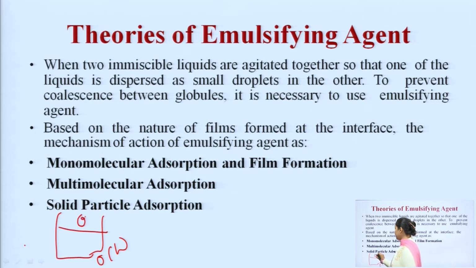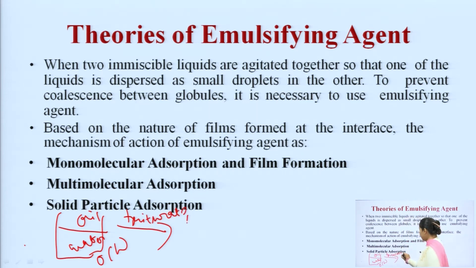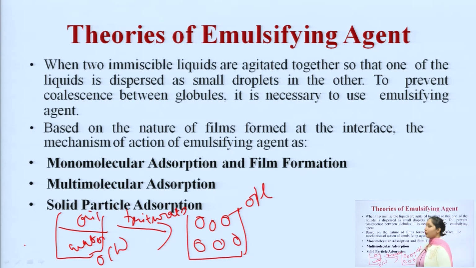When we prepare the emulsion, there are two phases. What we do is disperse one phase into the other phase, into small fine droplets, and to prevent these globules of the dispersed phase from colliding, we add an emulsifying agent.